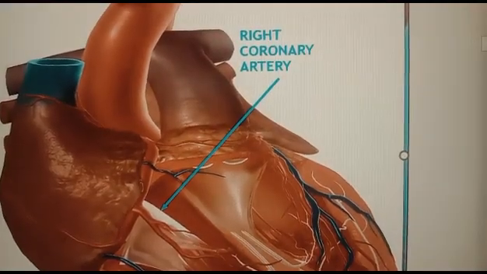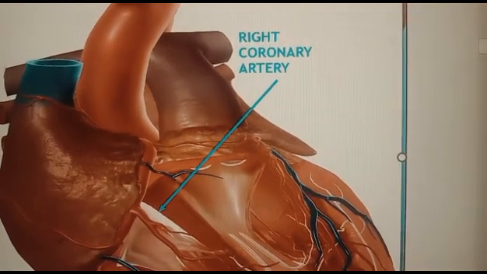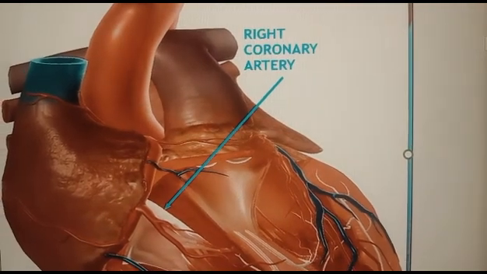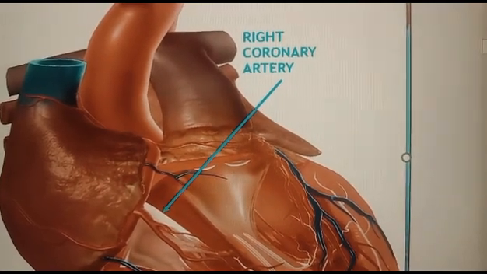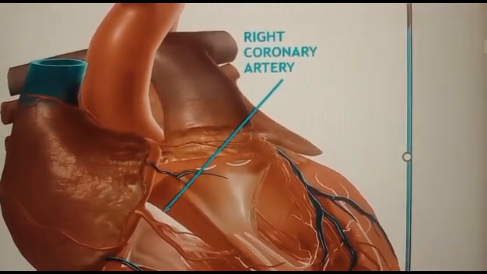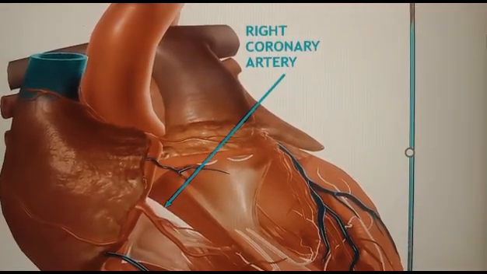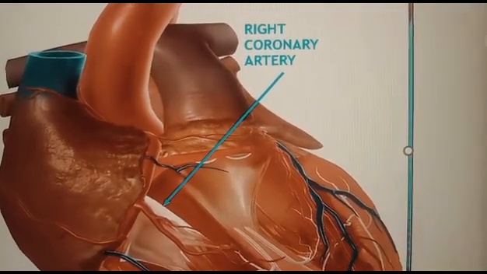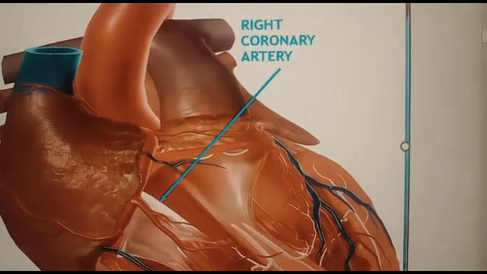The right and left coronary arteries originate at the base of the aorta. The right coronary artery supplies oxygenated blood to the right atrium, portions of both ventricles, and portions of the conducting system of the heart, including the SA node and the AV node.